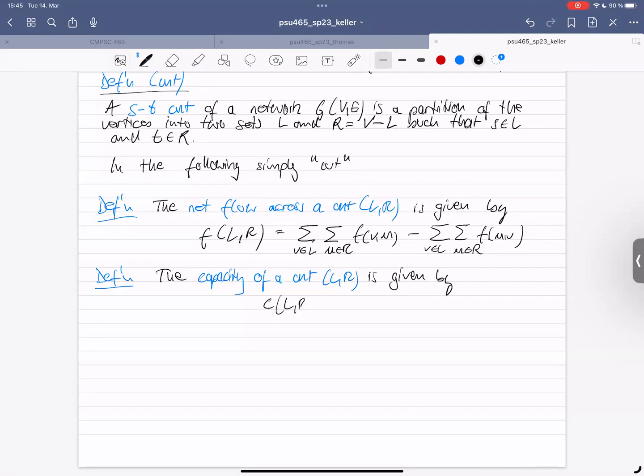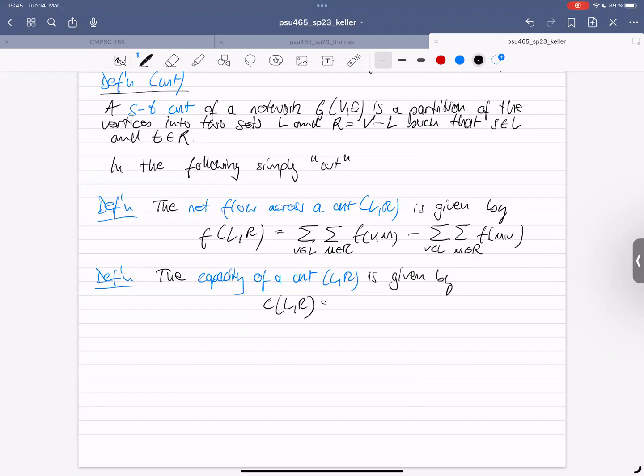and this follows exactly our initial intuition. We just sum up the capacity of edges that go from left to right. This seems a bit asymmetric. Before, we had to subtract the flow that comes back, and now we don't. We only look at capacity going in one direction, and you will see later why this makes sense. Intuitively, it makes sense because the other direction doesn't impose a bound on the flow.